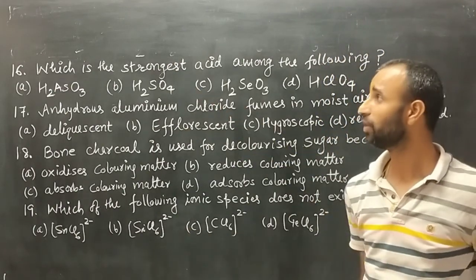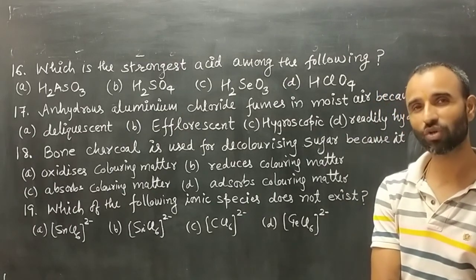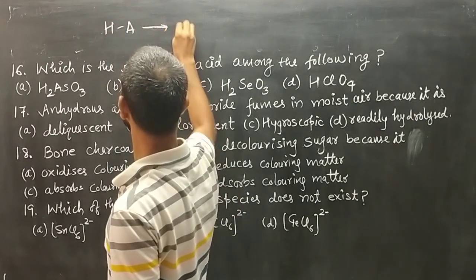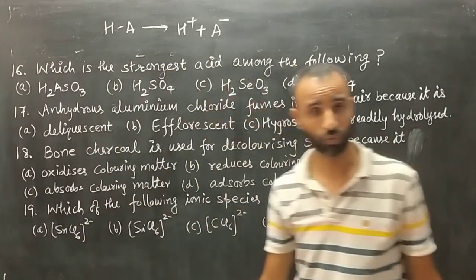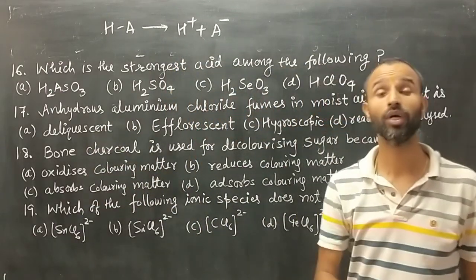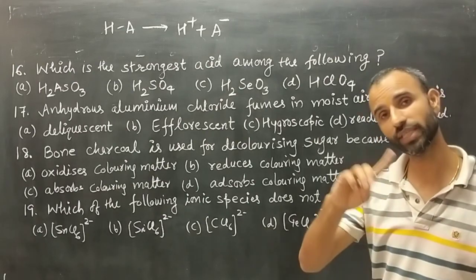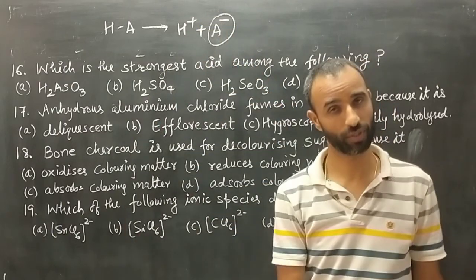Now 16. Which is the strongest acid among the following? So you know which one is the strongest acid? This is HA. When it gives H plus ion, first, that acid is strong which can easily release H plus, the ease of releasing H plus, and second, the stability of the anion formed.